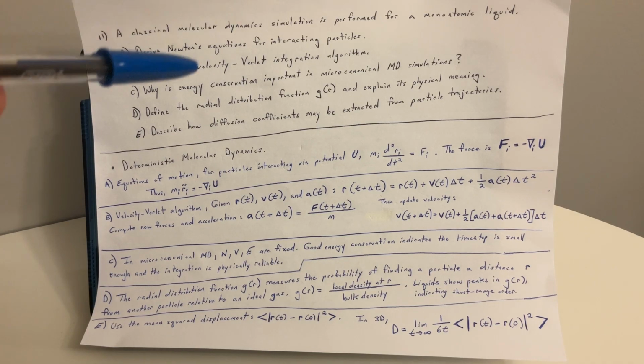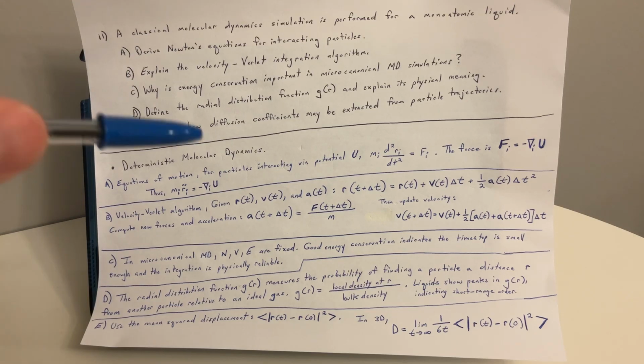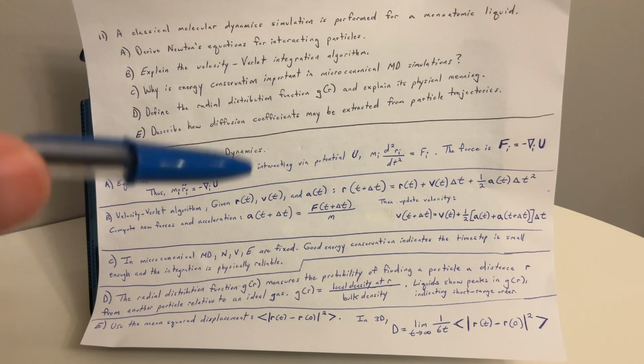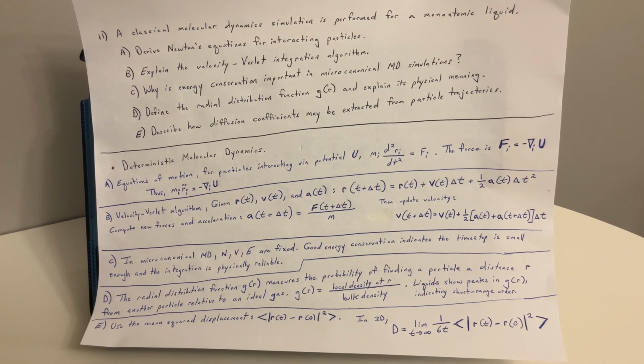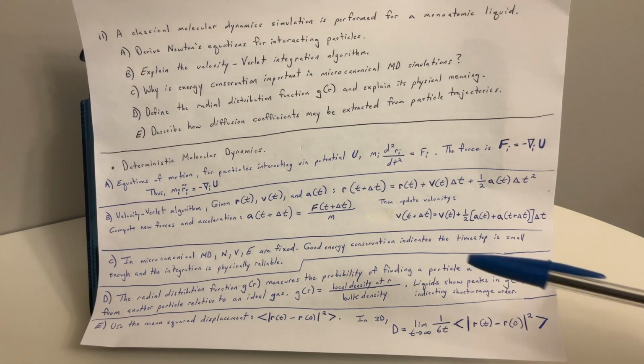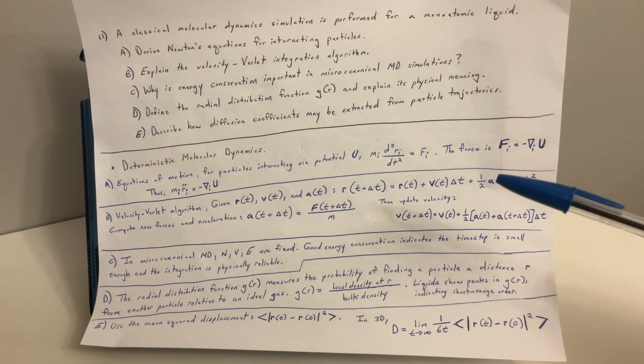Letter B, explain the velocity Verlet integration algorithm. The velocity Verlet algorithm, given r(t), v(t), and a(t): r(t plus delta t) equals r(t) plus v(t) delta t plus 1/2 a(t) delta t squared.